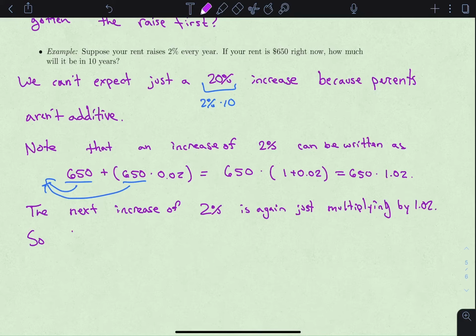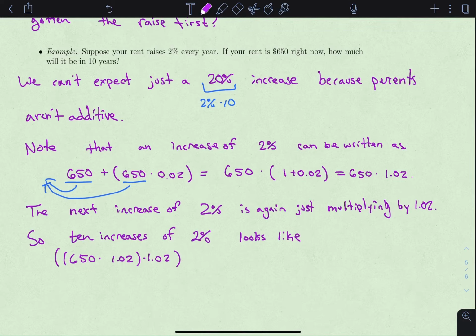So 10 increases of 2% looks like 650 times 1.02, and that is how much money you have to pay in rent after one 2% increase. If you multiply by 1.02 again, that's how much you'd have to pay after two 2% increases. And we're just going to have a bunch of 1.02s.